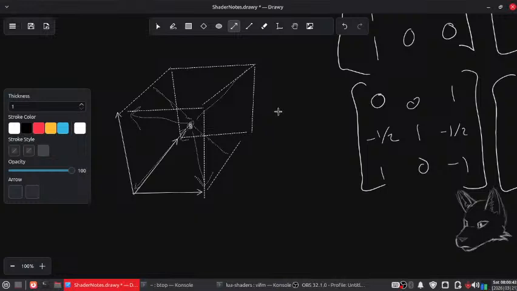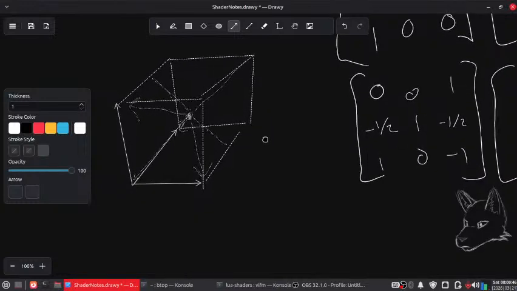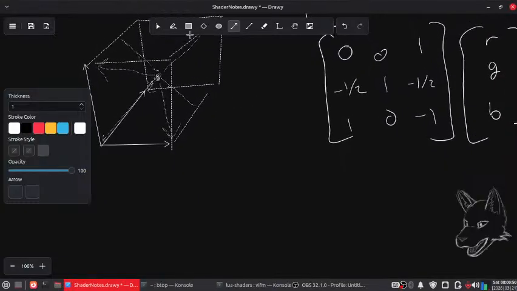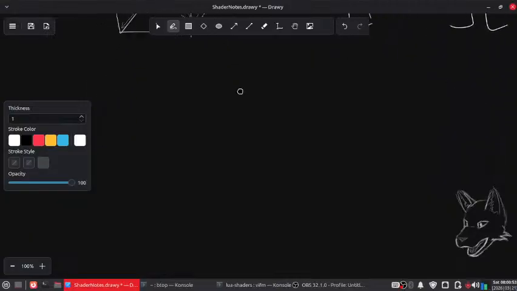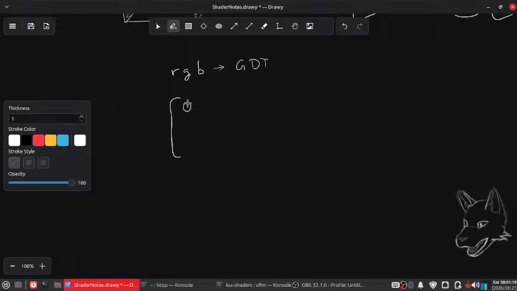What is it? Okay, so for one, we know that from RGB to GDT, 0, 0, 0 maps to -1, 0, 0.